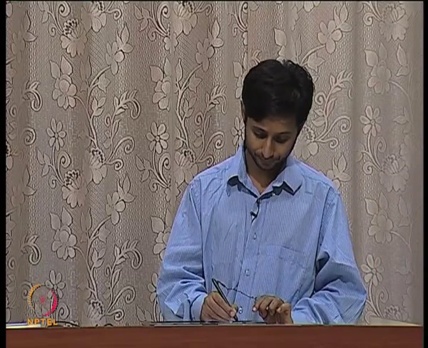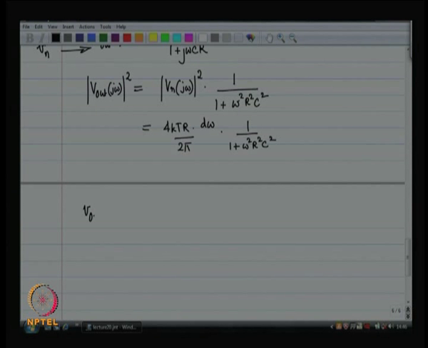So, the total noise voltage squared at the output is equal to the integral of 4 k T R by 2 pi divided by 1 plus omega squared R squared C squared times d omega.